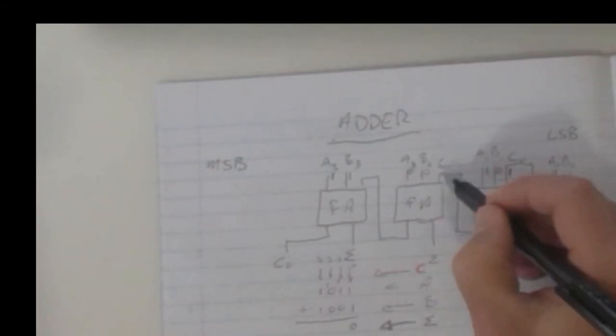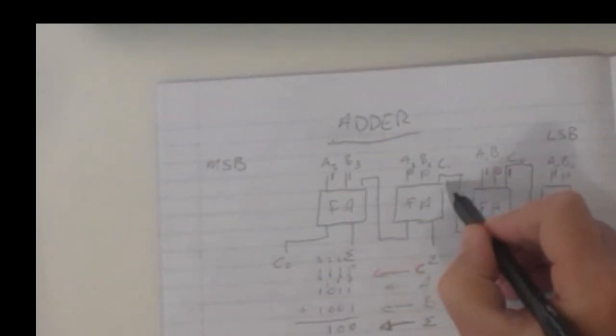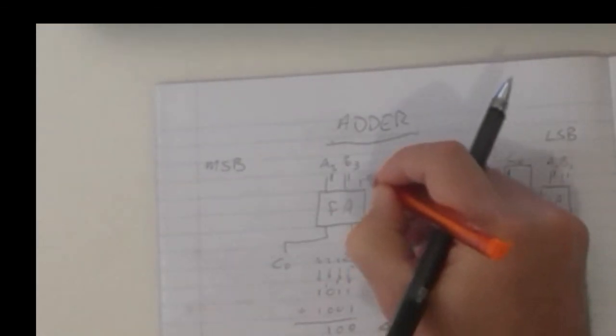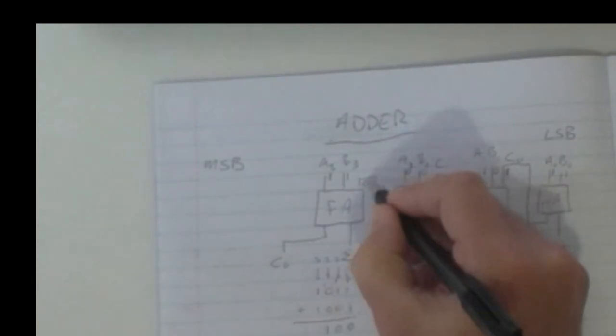1 plus 0 plus 0, sorry, that's a 0. 1 plus 0 plus 0 is 1. Let's check. 1 input, that's a 1. And my carry over is going to be a 0. So then we go 1 plus 1 is 0, plus 0 is still 0. And then we're going to carry the 1 over there.